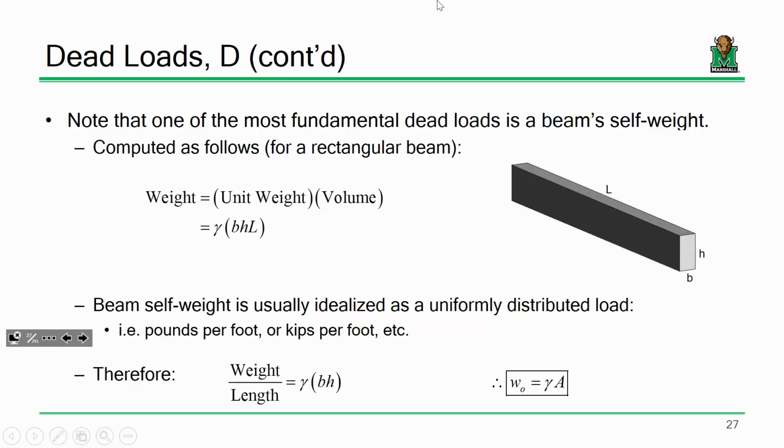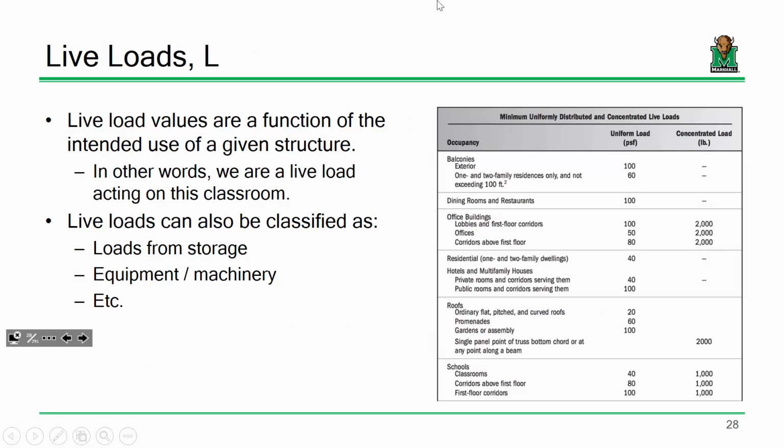So pounds per cubic foot times square inches doesn't work. You have to convert one of the units. Typically, we would take the area and divide it by 144 to get square feet. Does that make sense? I've seen that happen more often than not, so just make sure that you're taking that into account. Sound good? Okay.